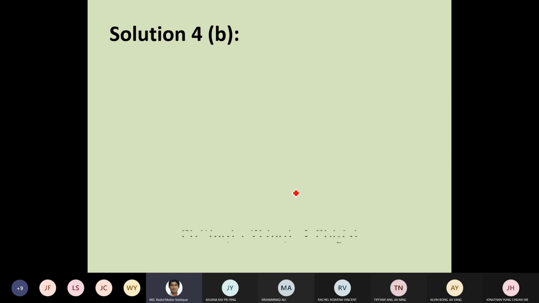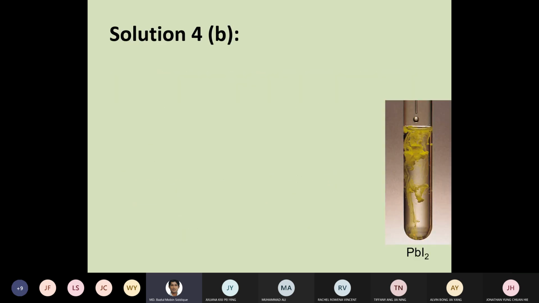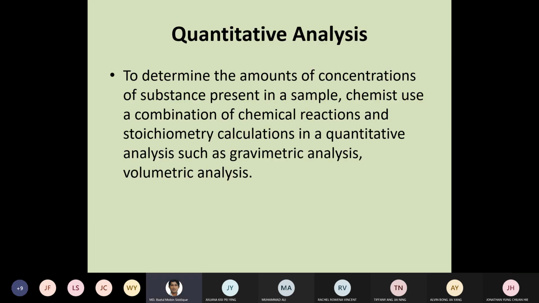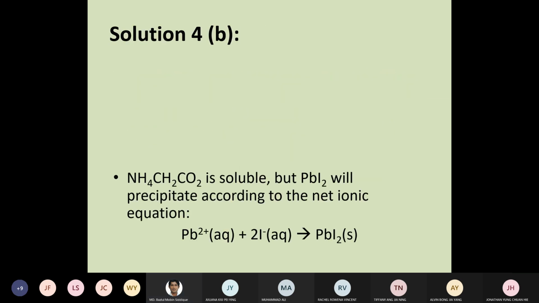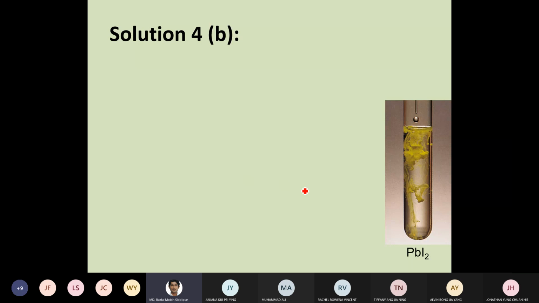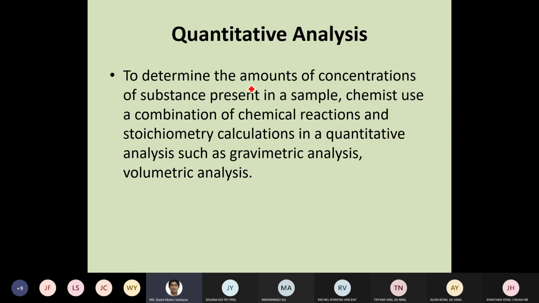So lead iodide is a solid. Potassium iodide is added to the lead acetate, and lead iodide is formed, and potassium acetate is aqueous, so it is dissolved in the water.